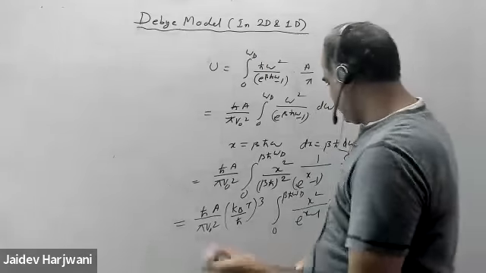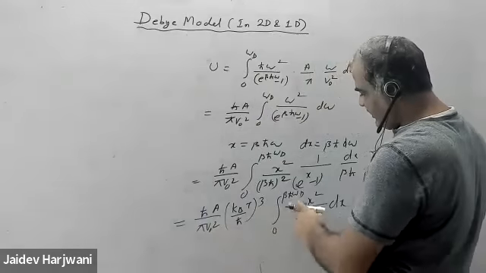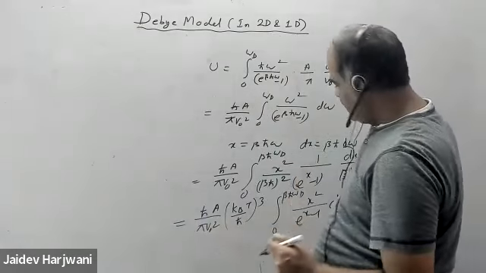Now let me simplify it further. I have this ħA k_BT. I want to bring this in the form of Debye temperature.